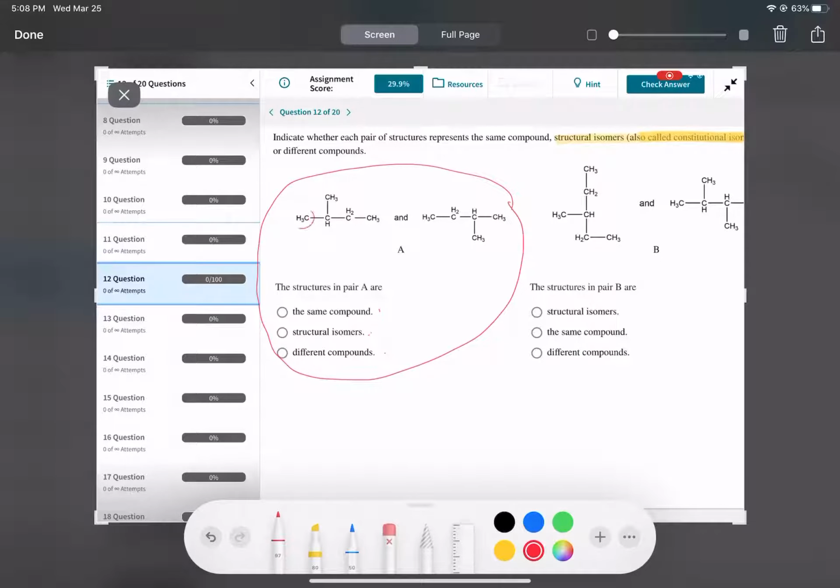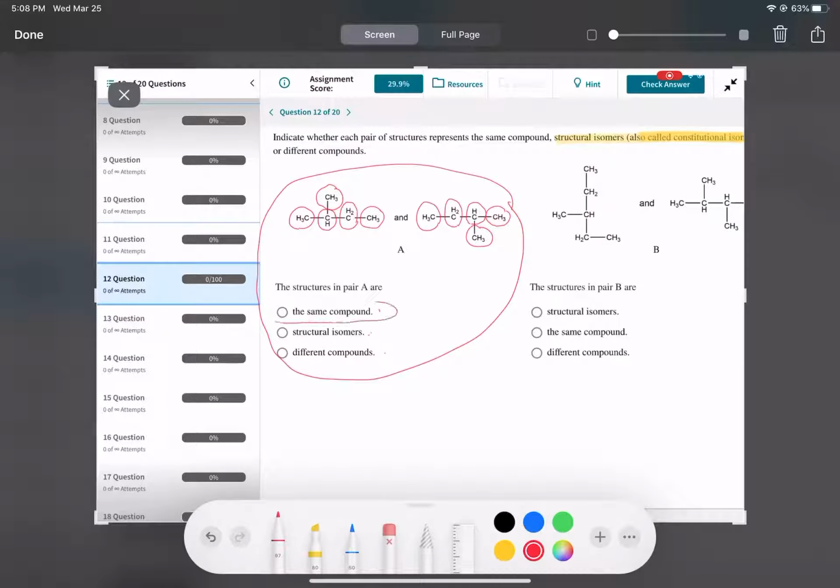It's a CH3 followed by a CH that has another CH3 hanging off the top, followed by a CH2 and a CH3. Let's see if we can match that pattern. A CH3 followed by a CH that's got another CH3 hanging off of it, followed by a CH2, CH3.